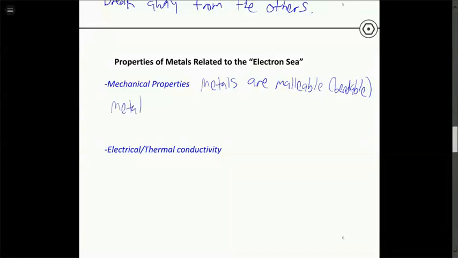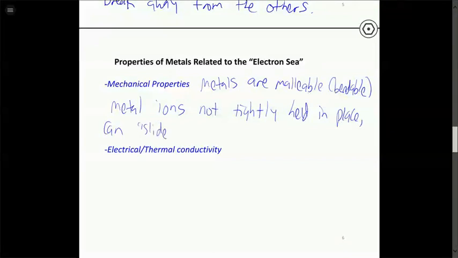of this electron sea, the metal ions are not held in place too tightly. They can slide around a little bit because they're still able to maintain contact with the valence electrons, which are delocalized. And so you can think of it as the metal ions that make up the crystal lattice can sort of slide through the electron sea.